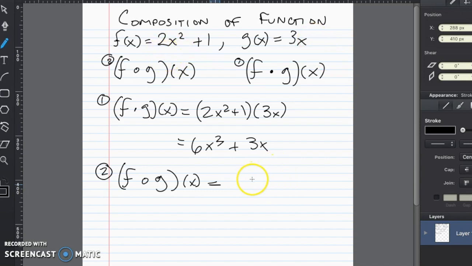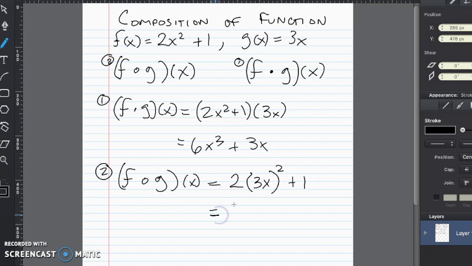So that means that I take 2, and I normally would have an x here, but what I'm going to do is I'm going to leave a space, squared plus 1. So I'm going to take my g of x, and I'm going to substitute it in for the x of my f of x. And that's my composition of f of g.